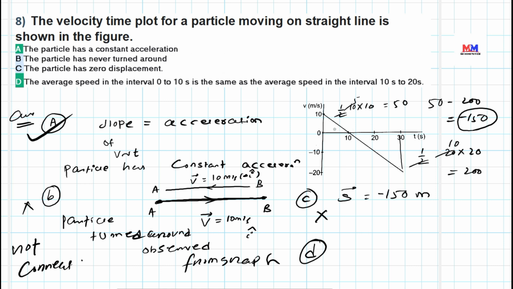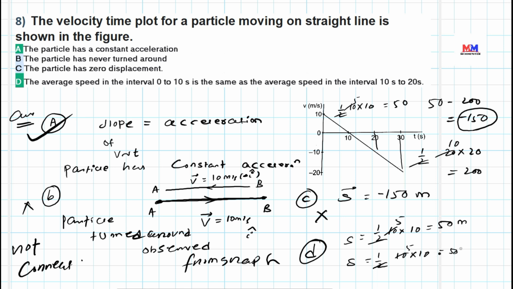From 0 to 10, the distance covered equals half base into height, half into 10 into 10, so this is 50 meter. For 10 to 20, that also equals half base into height, half into 10 into 10, so this is also 50 meter.